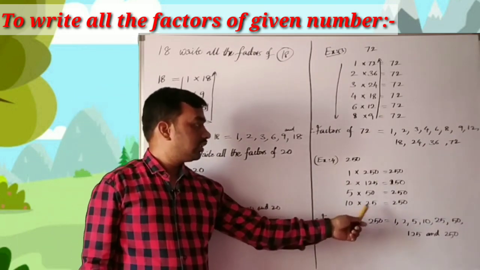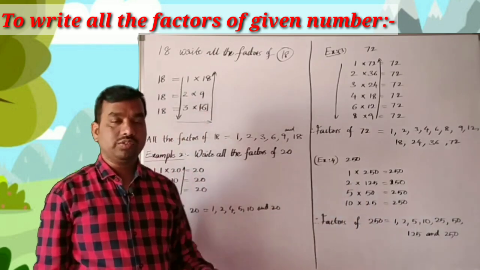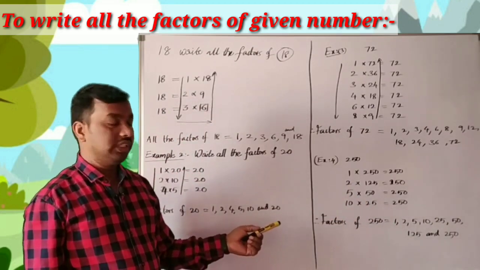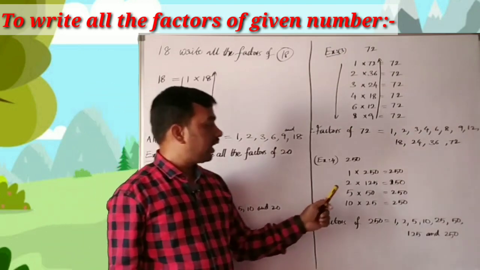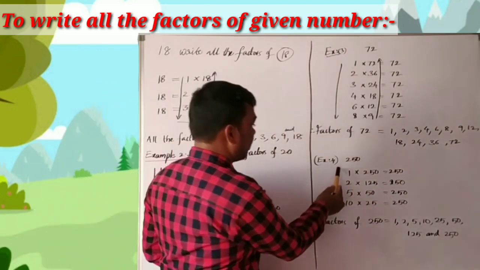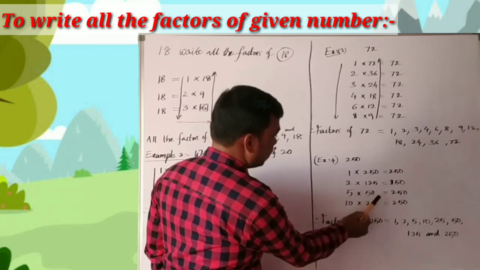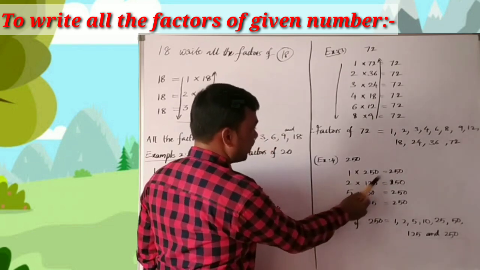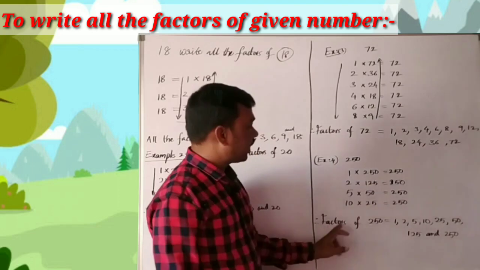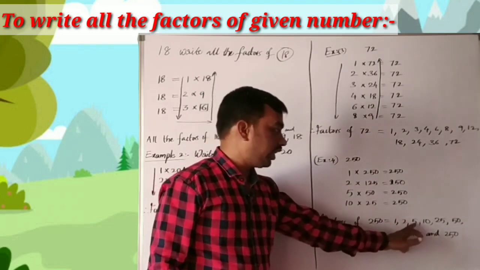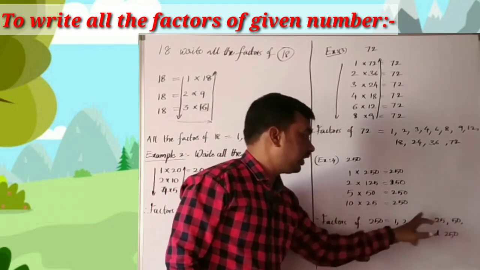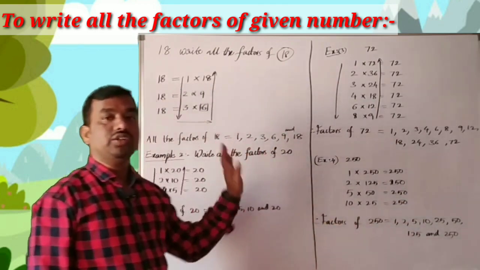Here the sentence is repeating. So these are the factors of 250. You write like this: 1, 2, 5, 10, after that 25, 50, 125, 250. So factors of 250: 1, 2, 5, 10, 25, 50, 125 and 250.